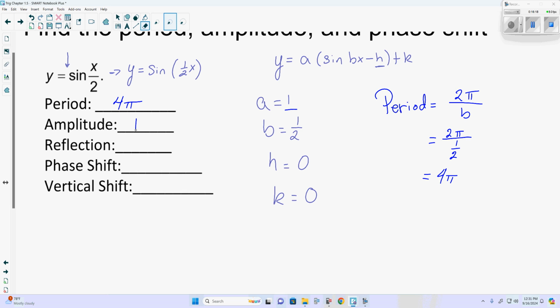But in ours, it's all based off H. So the amount that the phase shifts is 0, because that's our H. K, up and down, is also 0. We can say 0 or none. There is no phase shift. There is no vertical shift.